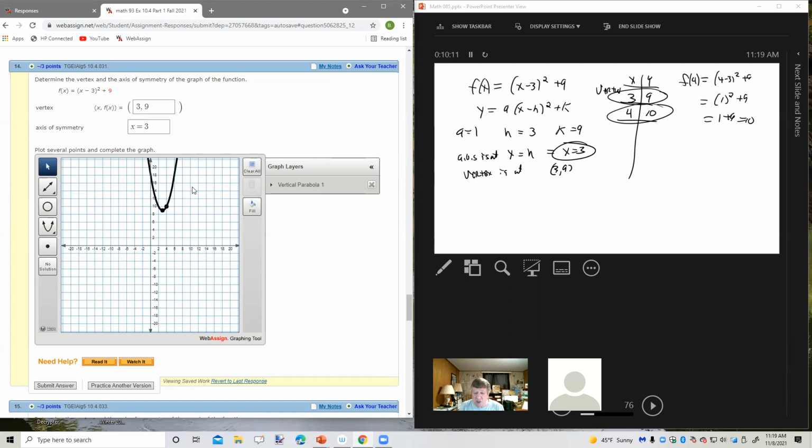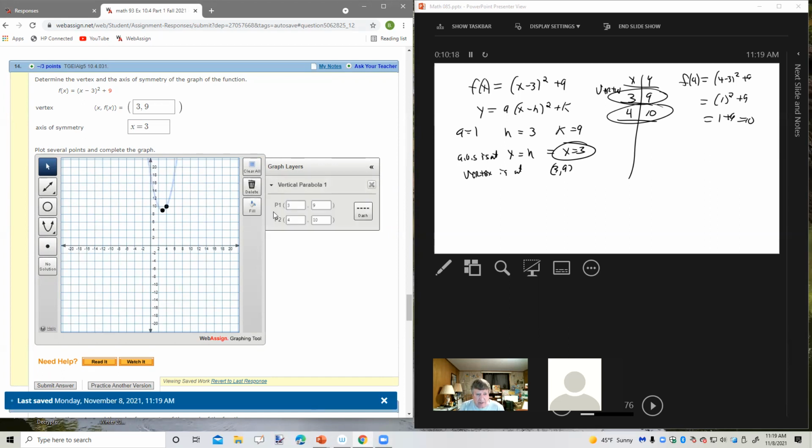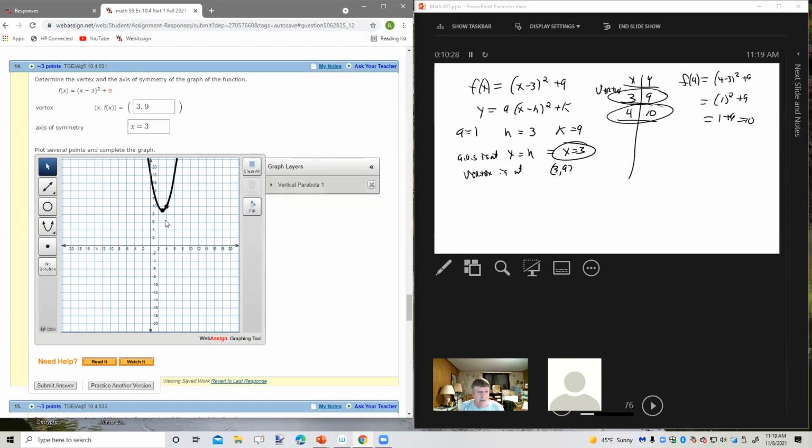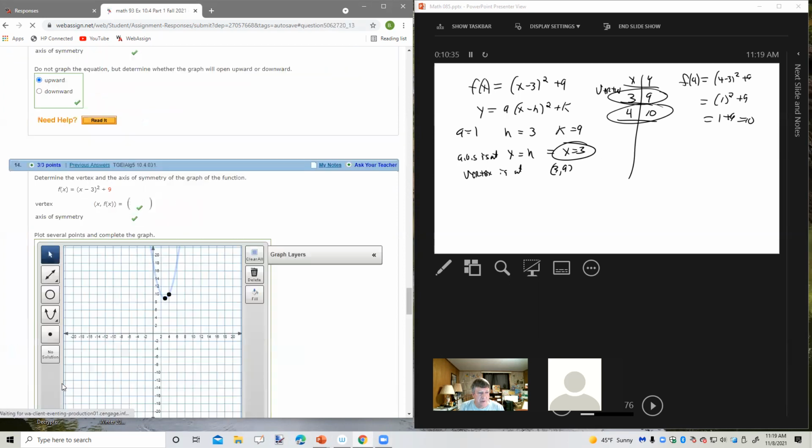Now, just like we could do when we were graphing linear inequalities, I can come over here and look at, oh yes, my ordered pairs are correct. (3, 9), that's my first point. (4, 10), that's my second point. Okay, so I go back here and here's my graph.